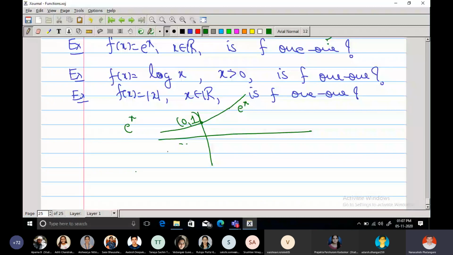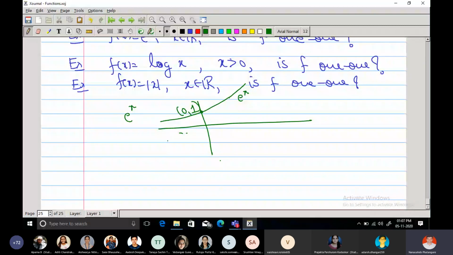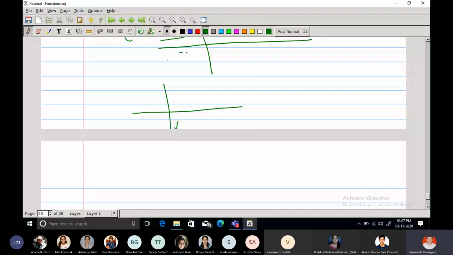So, do you know the graph of log x? If you look at the graph of the logarithmic function, this is the graph of log x, and is it a one-to-one function?